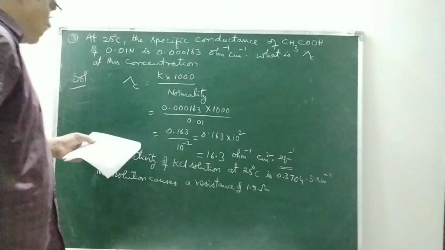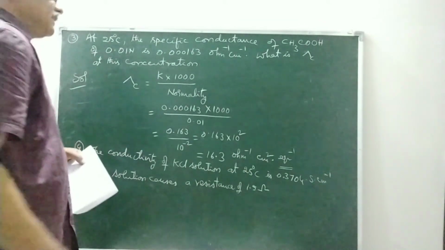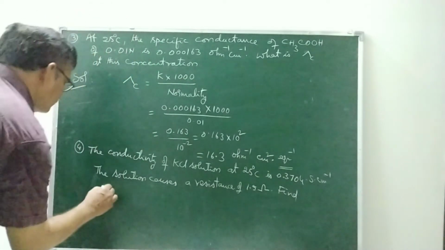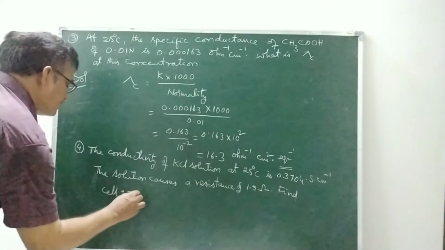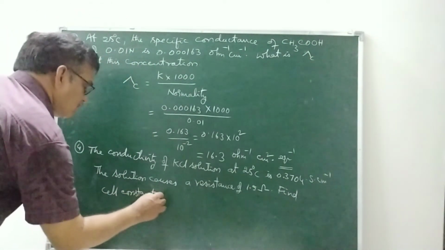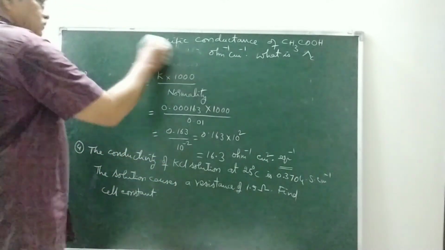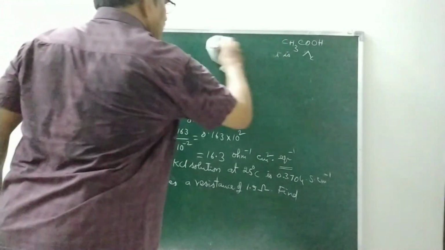So R is given. Find the cell constant. That means we have to find out the G star value.